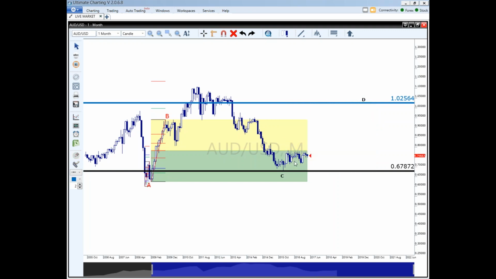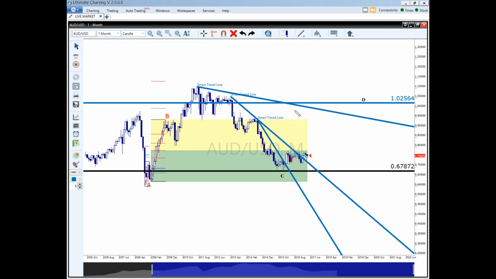So since this market appears to want to go from C to D, let's go ahead and take a look and see if there's a journey of trendline breaks that perhaps may have taken place here. So what I mean by that is, we'll have obviously a long-term outer trend line, then an outer trend line, and then obviously an inner trend line. So in the realm of this market gravitating towards trend lines, breaking trend lines, and moving towards the target at hand, it's broken an inner trend line and gravitated to the outer trend line.